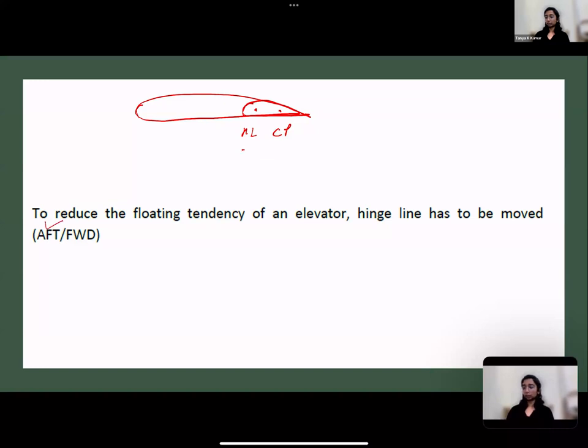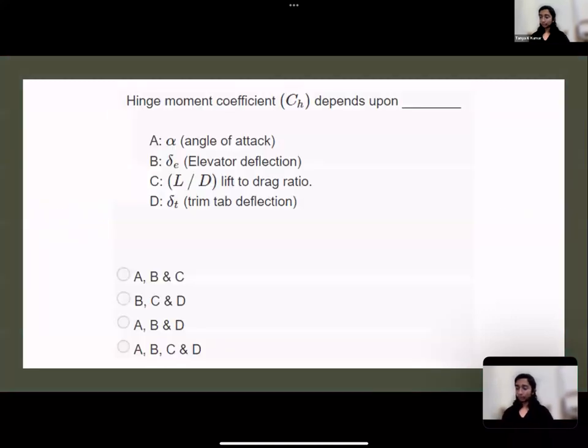So if you move your hinge line towards CP, the forces produced, lift and drag at CP, will have less effect on your hinge line, will have less hinge moment. So it will reduce the floating tendency of the elevator, correct? Now let's get into week 6 questions. The hinge moment coefficient depends upon the angle of attack, elevator deflection, lift to drag ratio, trim tab deflection.